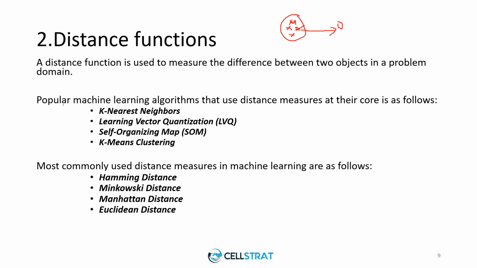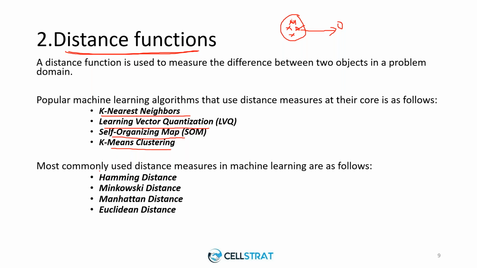So there are a lot of popular machine learning algorithms that use distance function as a core, like k nearest neighbors, learning vector quantization, the self-organizing map, and k-means clustering. All these algorithms make use of distance functions for clustering.